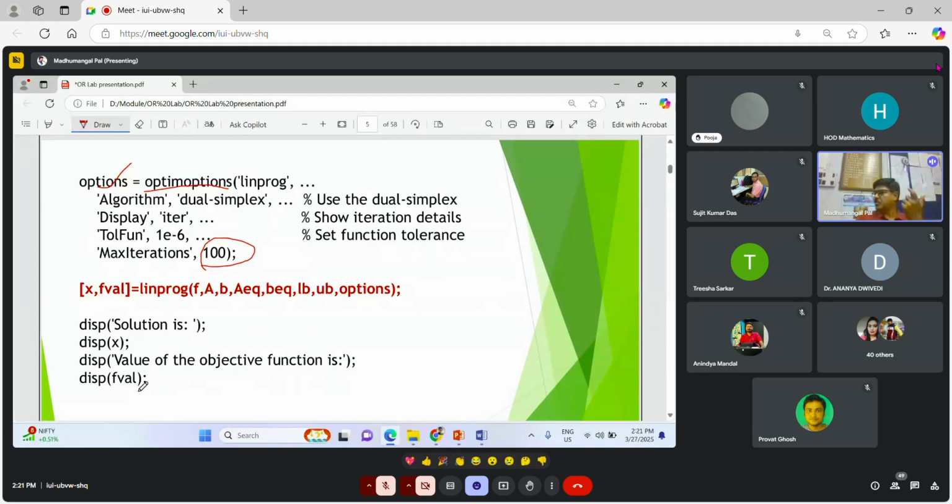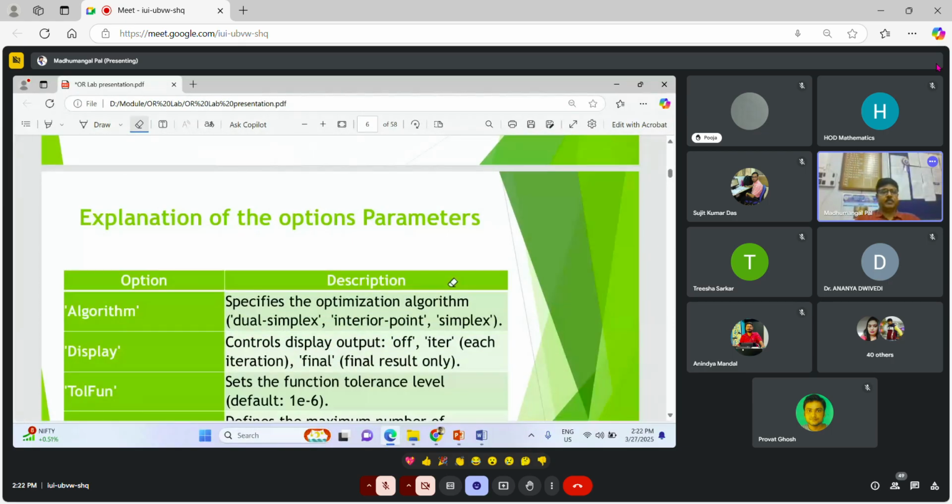You already know the use of this kind of parameter. So this is a very simple representation for solving your LPP using MATLAB.